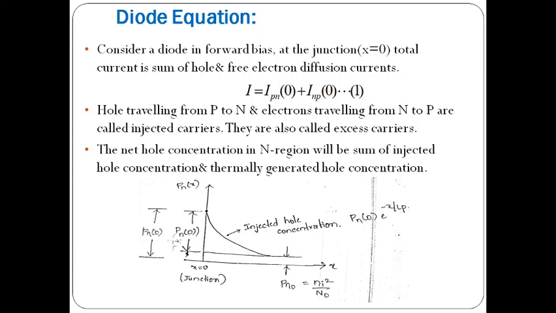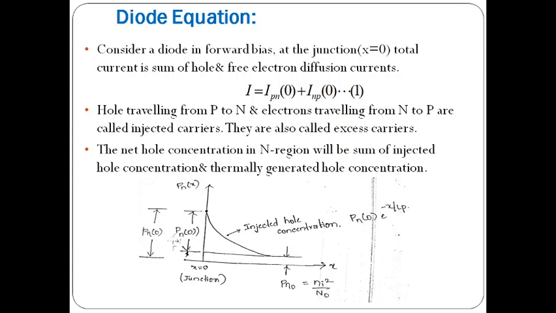Now here we can observe the diagram. At x equals 0, Pn of x at the junction, the total hole concentration accumulated, which is ready to enter into the N region. Here I mentioned some gap.